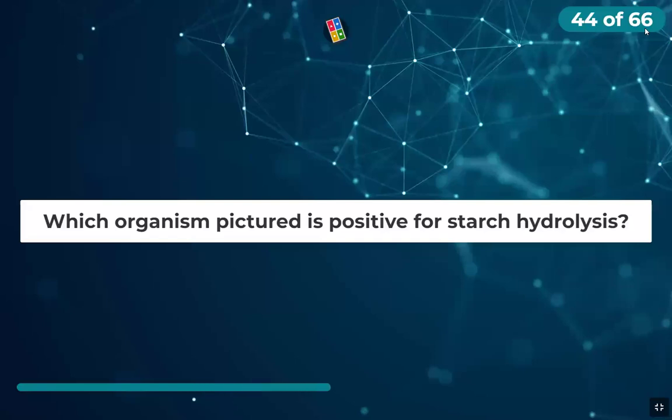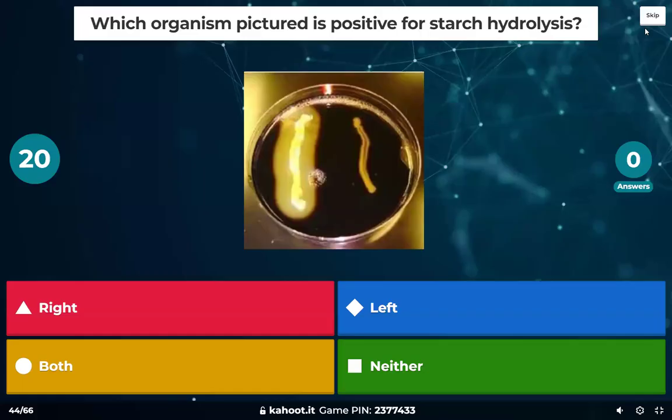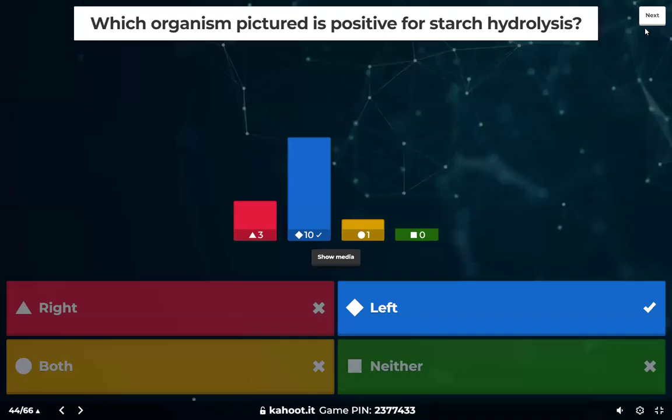Which organism pictured in starch hydrolysis is positive for starch hydrolysis? All right, so that was the left organism. We see that halo where there's not the dark color.